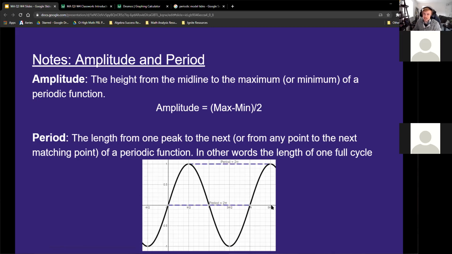Anyone have any ideas of one other way that we could find the period of this? What's another way we might be able to find the period of this, other than from maximum to maximum or from the middle to the middle?